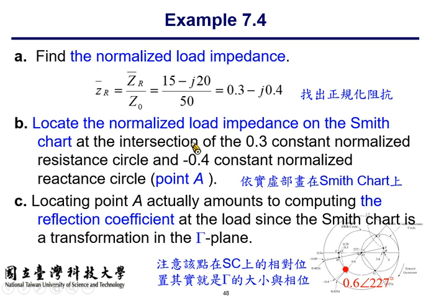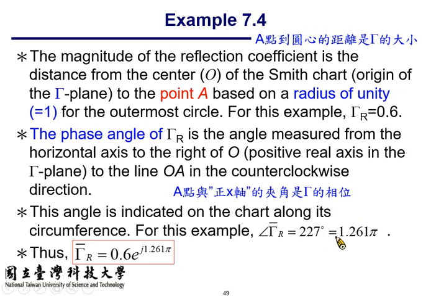So to find the reflection coefficient, you just need to find the real and imaginary parts of the normalized impedance, locate the reflection coefficient on the Smith chart, and use its relative position to estimate the magnitude and phase.